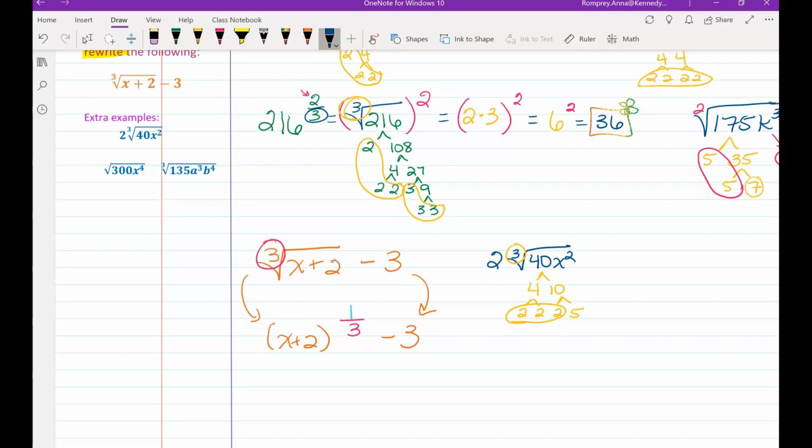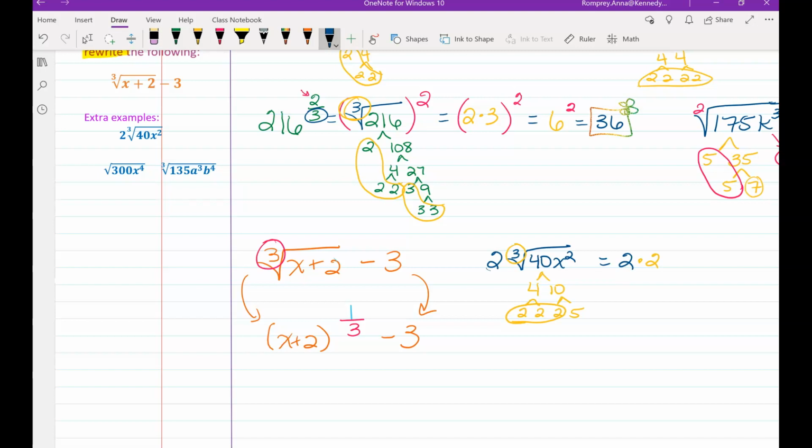Fantastic. So we have that initial 2 that was already out front. Don't forget about it. Now we do have a group of 3, so that other 2 comes out. So now we have two 2's out front. And now our x squared. Can any of them come out? Well, again, we're looking for groups of 3. So x squared is just 2 x's, which is not enough x's to come out.